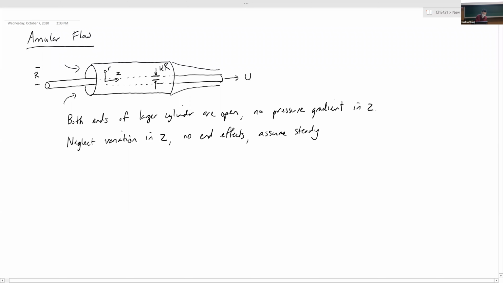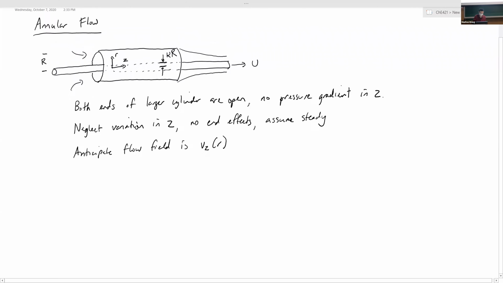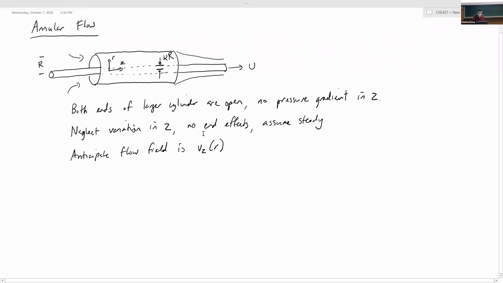So given those assumptions, we can anticipate that the flow field can be something quite simple. It's just going to be Vz as a function of R, right? Because there's no variation in z, Vz can't be a function of z.